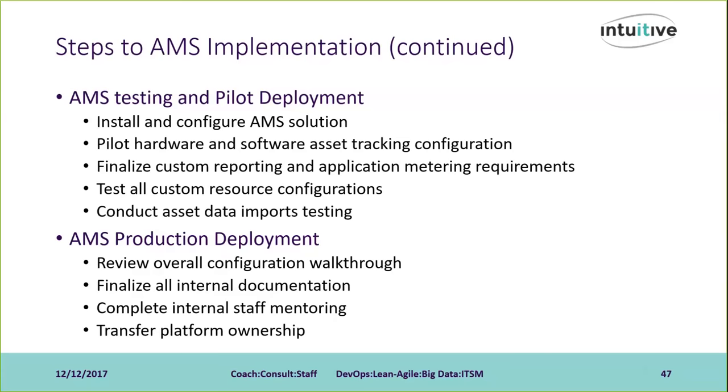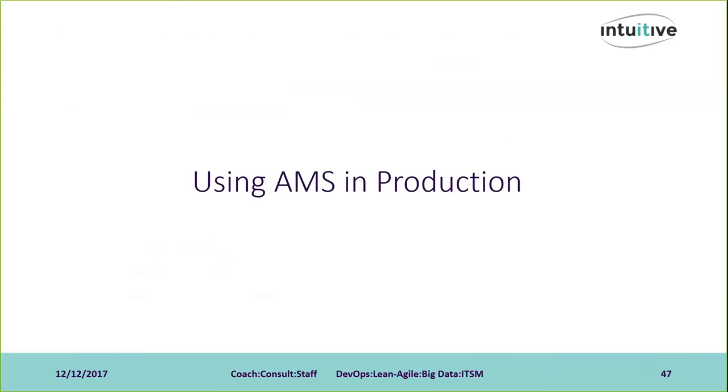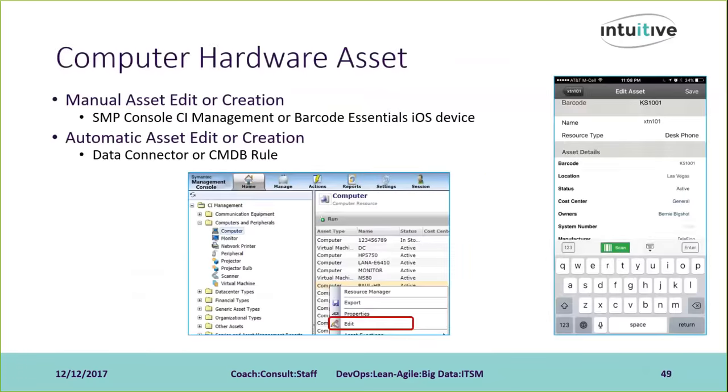Okay, let's do a quick run through of using AMS in production. So assets can be manually created during any phase if they're not brought in, so one-offs, and they can be created or edited using the console here.